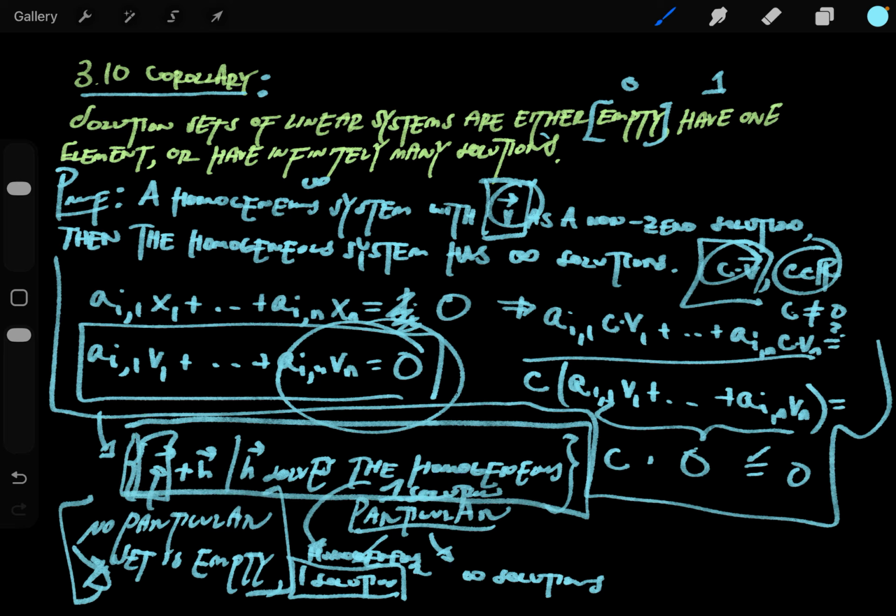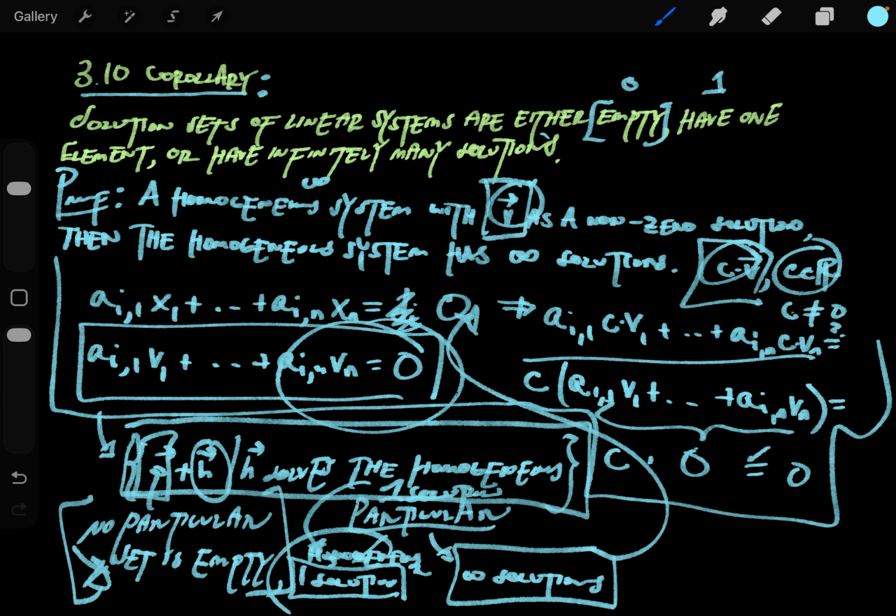Now if there is a particular solution, at least one, say P, then you look at the homogeneous system. The homogeneous system either has one solution or infinitely many solutions based upon what we said here. We know that there's always at least one solution to the homogeneous system, which is the zero vector. If it is the zero vector, then it's the only solution, because you can't get more than that.